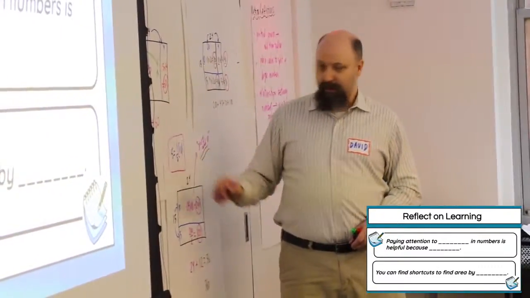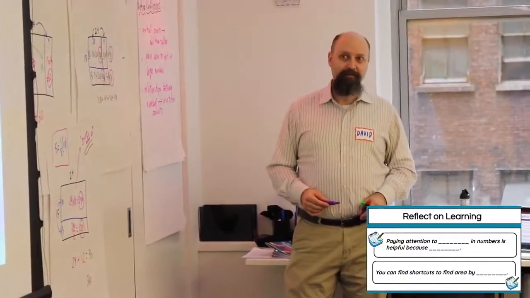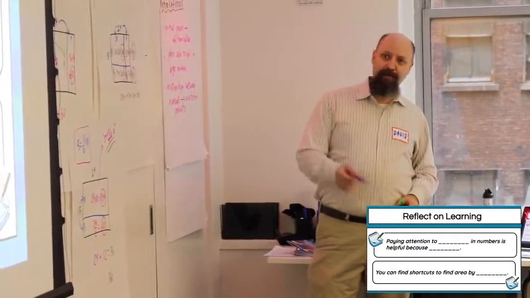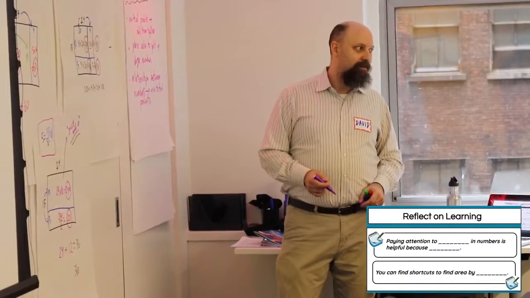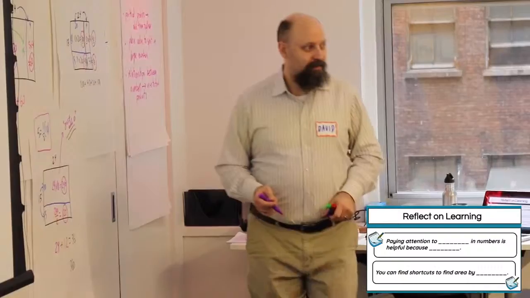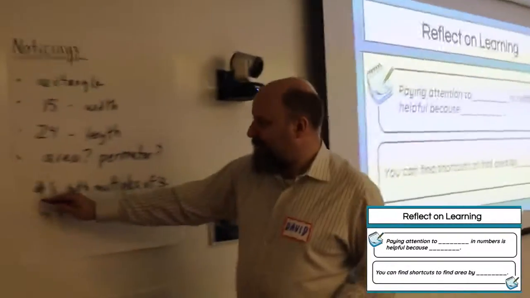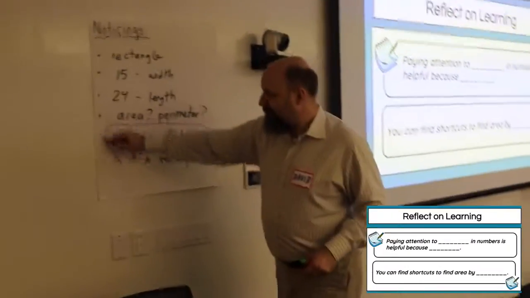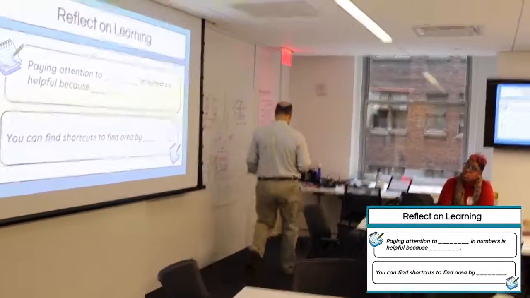Here is a critical relationship for this strategy. Great. Actually, if you think of our noticings, we had a relationship as well, which I don't think we used. That's fine. We didn't use it, but there was a relationship there.